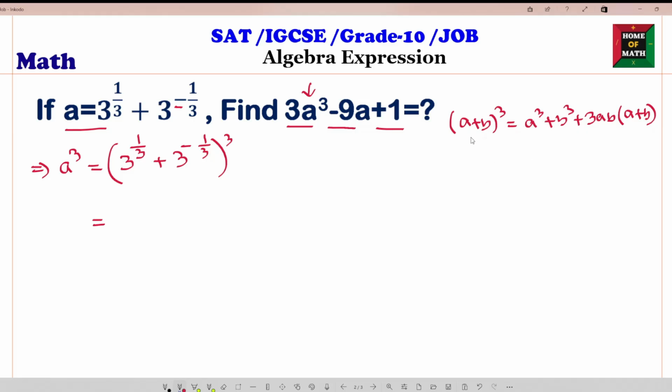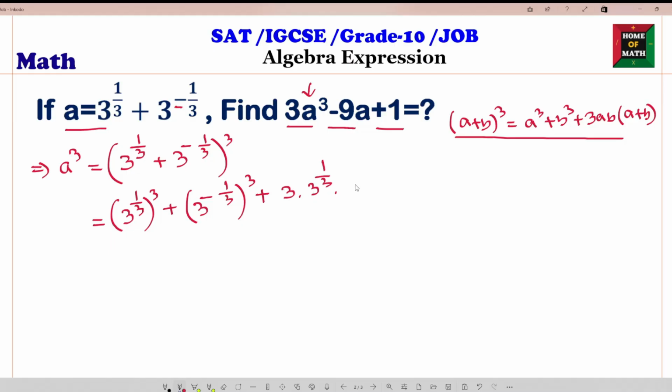Based on this formula, a cube is (3 to the power 1/3) cube, plus b cube, which is (3 to the power minus 1/3) cube, plus 3 times 3 to the power 1/3 times 3 to the power minus 1/3, times (3 to the power 1/3 plus 3 to the power minus 1/3). Okay, up to this we are clear.